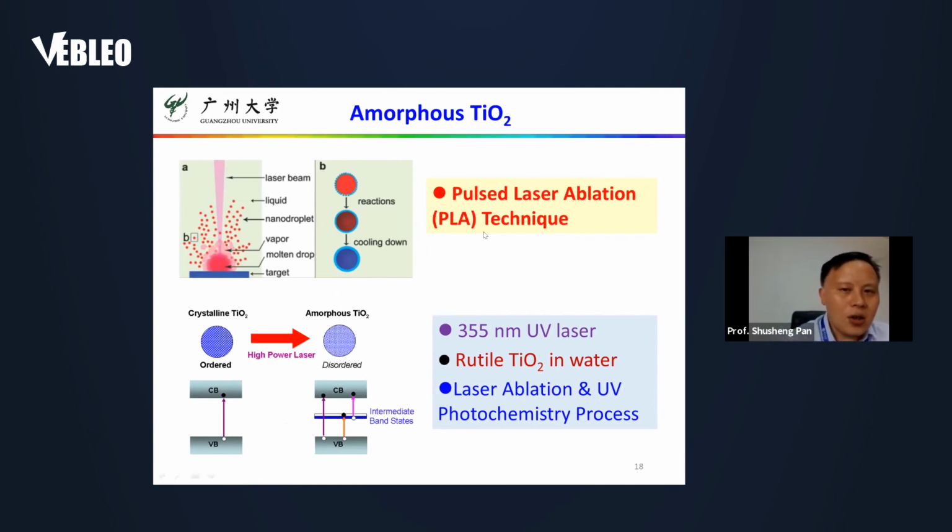In this study, we have prepared amorphous titanium oxide by pulsed laser ablation in water, and we use a 355 nanometer UV laser to irradiate the pristine titanium oxide.